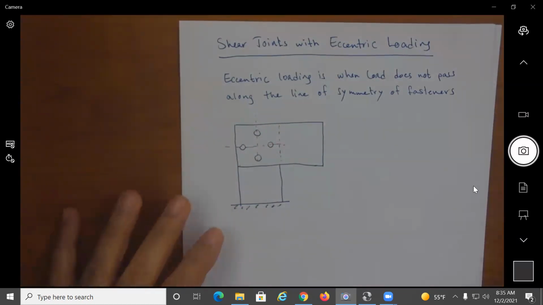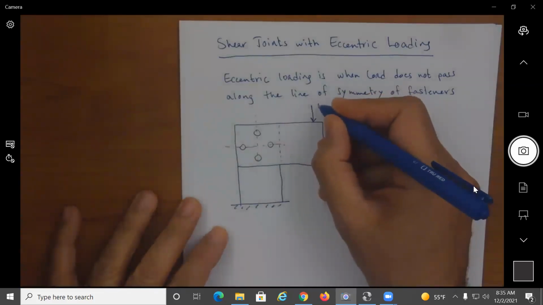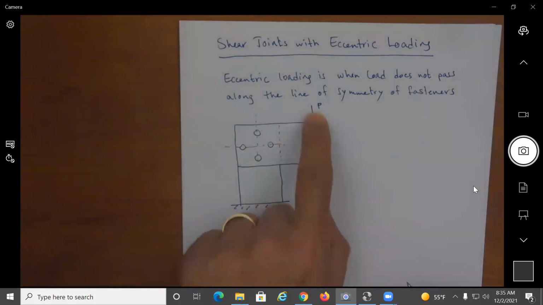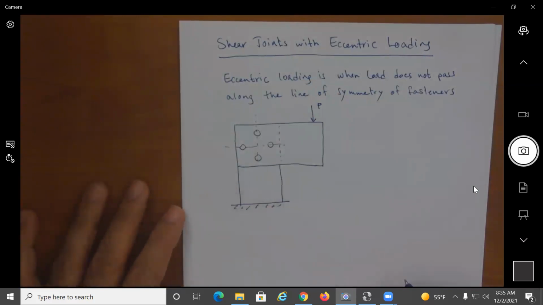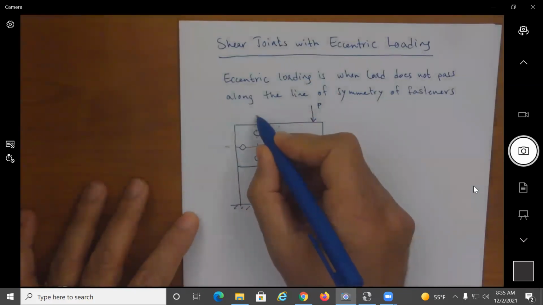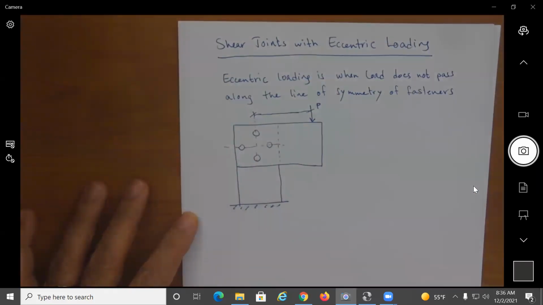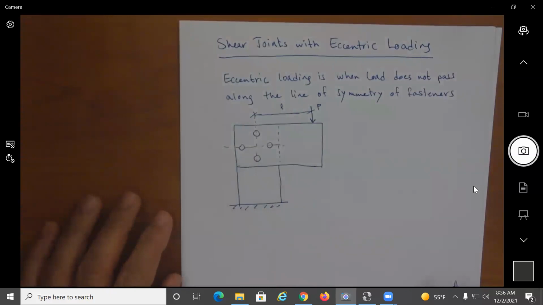If I have a load applied on this horizontal member like that, this load P, the line of action of this load does not go through any of the lines of symmetry. There is even a distance between this line of symmetry and the load P. This distance is L. So this is a case of an eccentric loading.